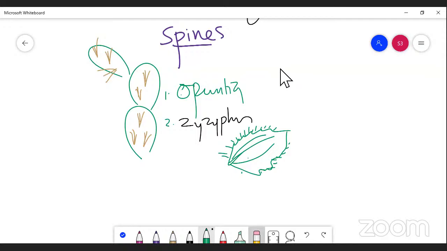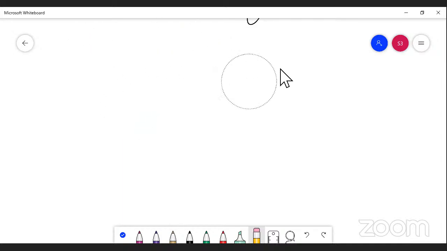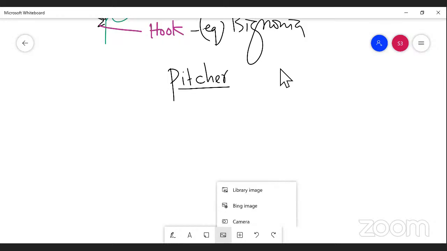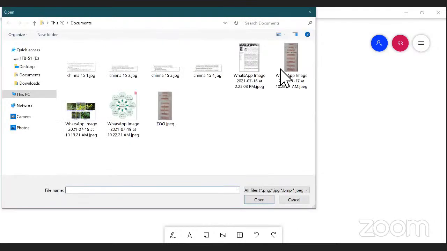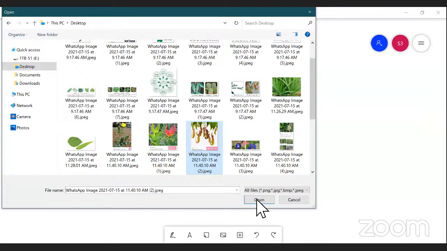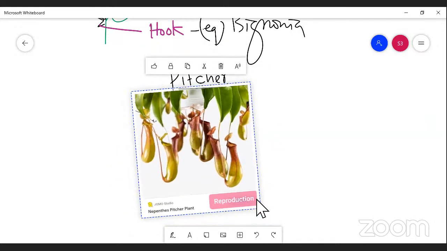Next, I am going to show you pitcher. Now this is a pitcher plant where you find it is also a modification of leaf, right?